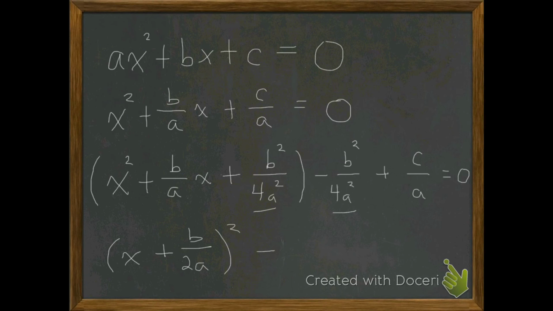All right, so I want to make this 4a squared, so I've got to multiply by 4a. All right, so I'm going to get negative b squared plus 4ac all over 4a squared equals 0.